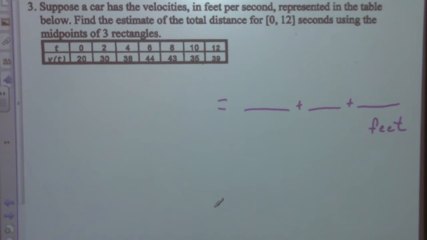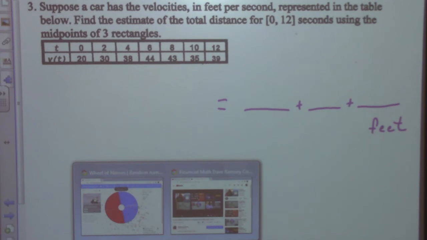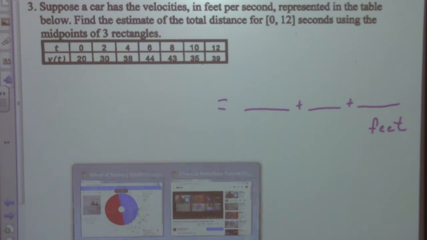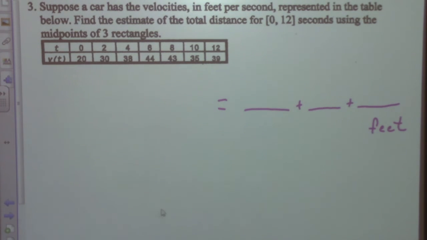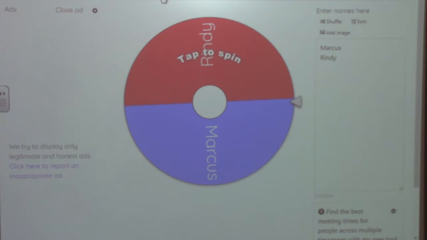Okay, here's what I'm going to do. I'm going to recruit one of you to help me with this. Oh no. I'm going to spin the name wheel. Remember that? We haven't used it in this class much this year. Have we used the wheel of names at all this year? Yeah, we have a couple of times.